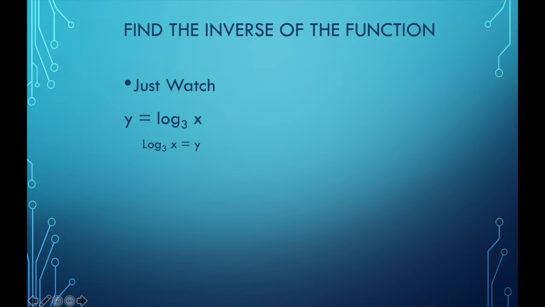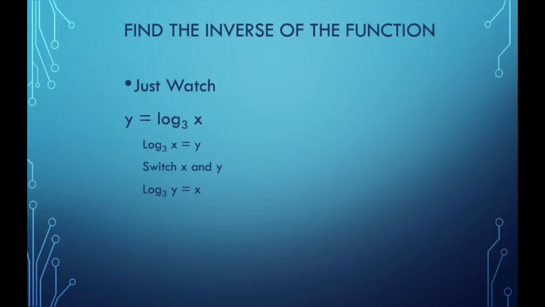First, we changed the f of x to a y, but then we switched the x's and the y's. Now my job is to solve for y, correct? Since we have logs and we have that rule, the base to the outside equals the inside. So 3 to the what equals what? 3 to the x equals y. We have solved for y. We didn't start out with an f of x, so you don't have to put the f to the negative 1 or the inverse notation. We can just be done. This is the inverse function of this one. Are you with me so far?